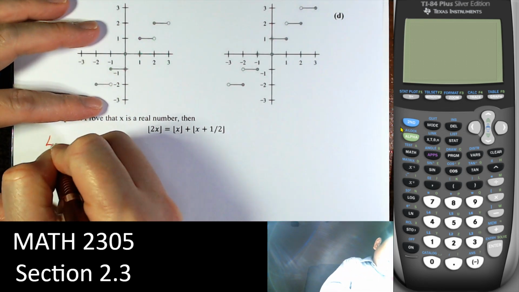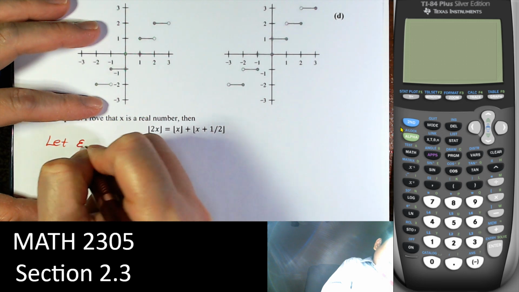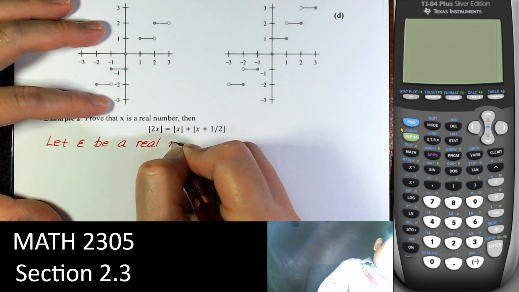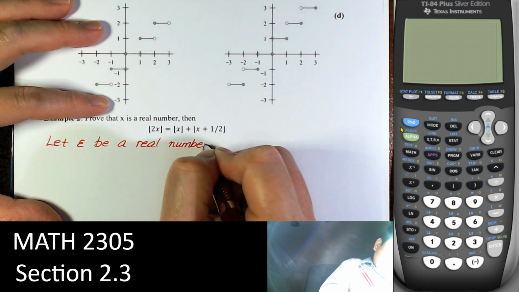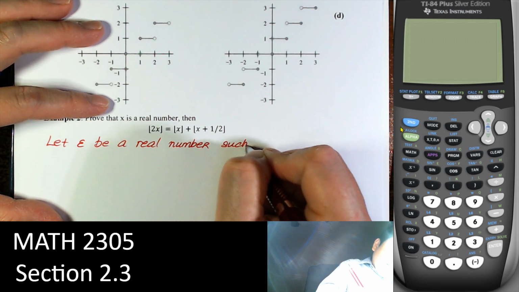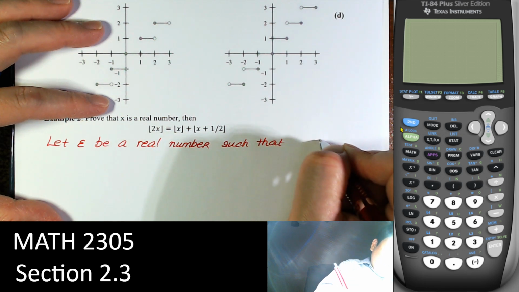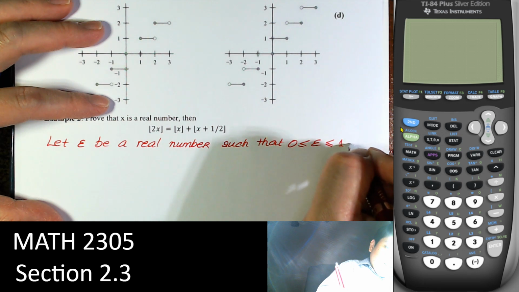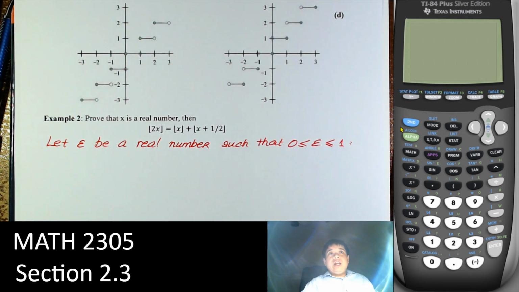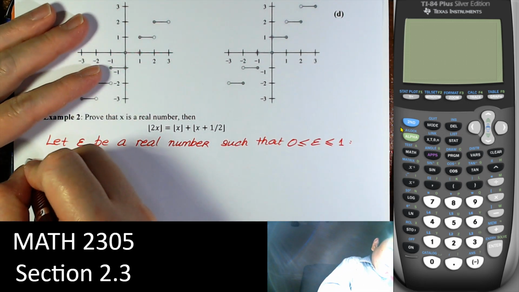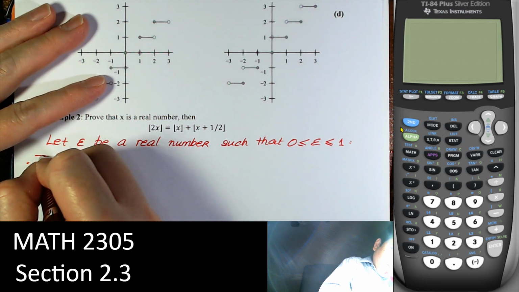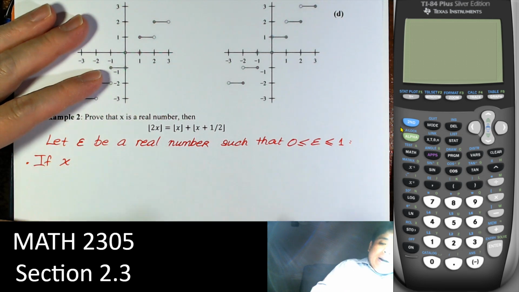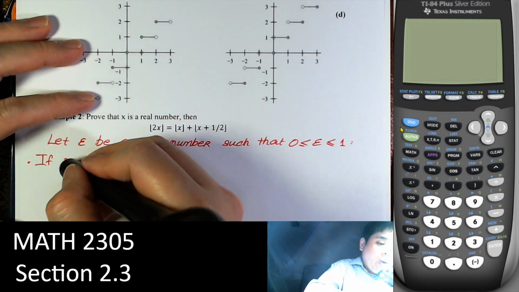Let me just say epsilon be a real number such that it is between 0 and 1. Now consider two scenarios.